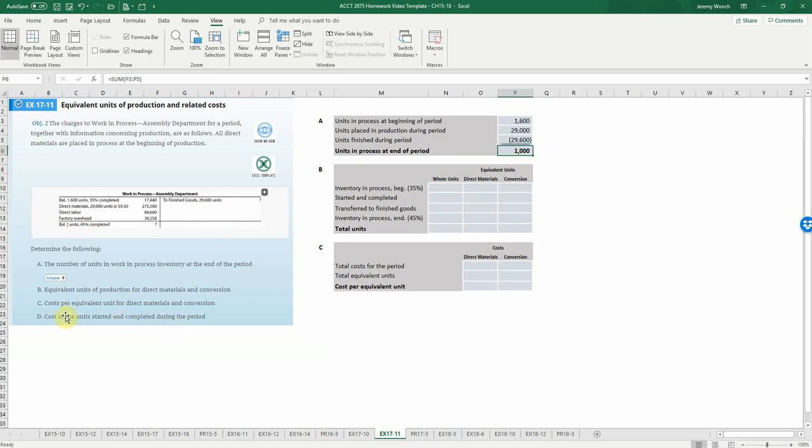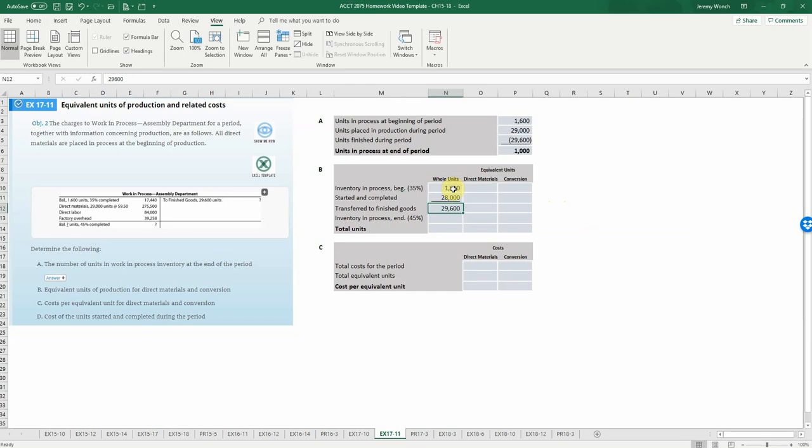And so part B, equivalent units of production for the direct materials and conversion cost. Let's start off calculating whole units. We started off with, in beginning inventory, 1,600 units. We started and completed, we don't know, but we do know what was transferred out. We transferred out 29,600, which means take our ending minus our beginning.